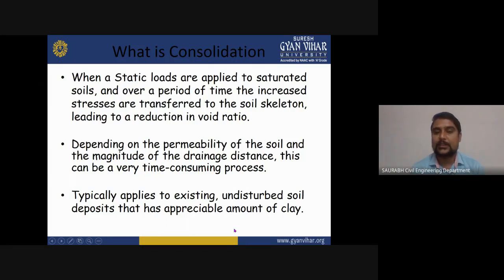As you can see here, consolidation is the process of removal of water voids by the use of static load, and it will also reduce the permeability of the soil. If you do the consolidation of any soil, it will take a lot of time.